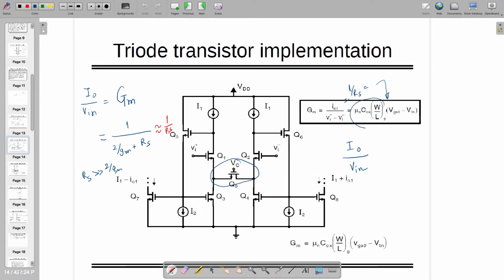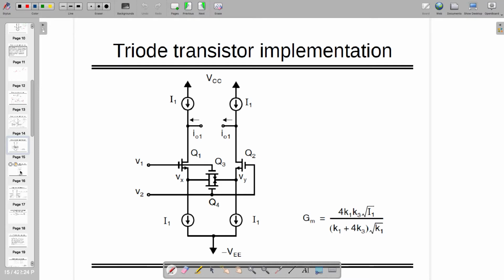But VGS and this ratio are of the ninth transistor, which is here. So it will not depend on anything else, and you can find the answers directly, right?